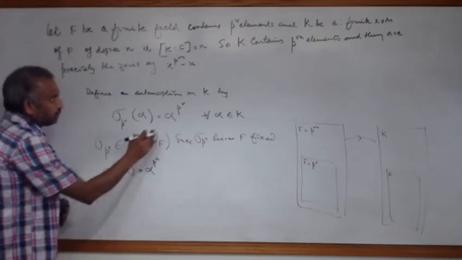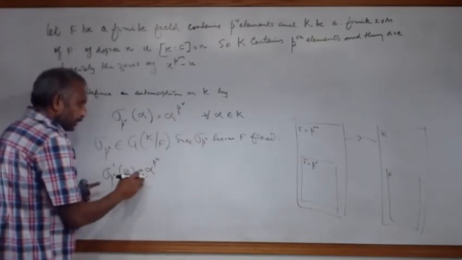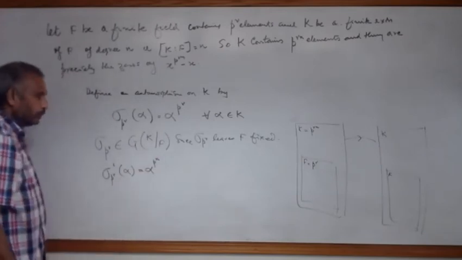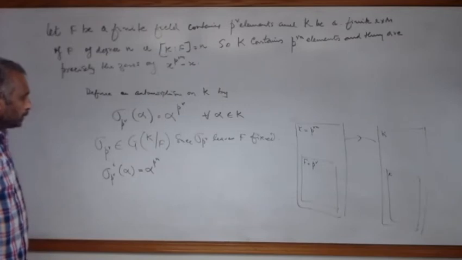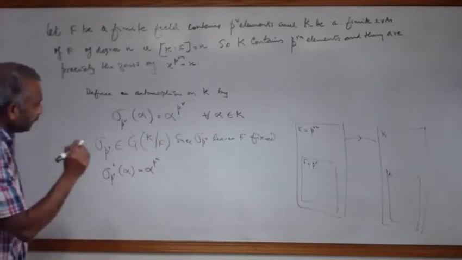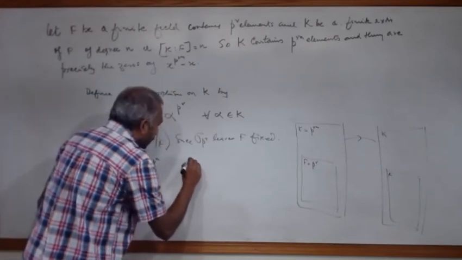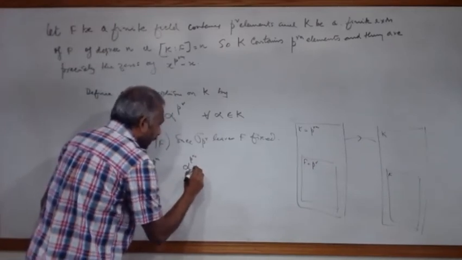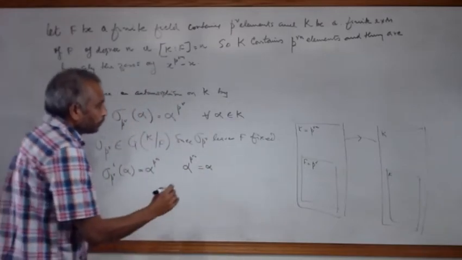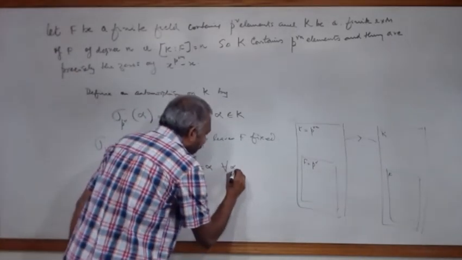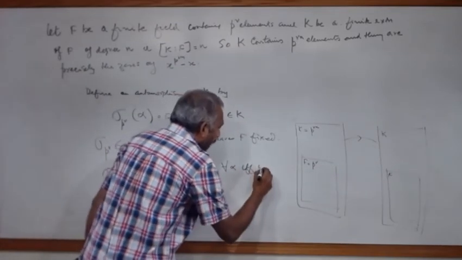Because each one of these is alpha to the power of p^r, then when you compose it, you are going to get this. So now alpha to the power of p to the power of ri is equal to alpha for all alpha if and only if i is equal to n.